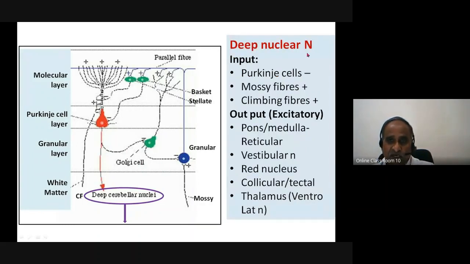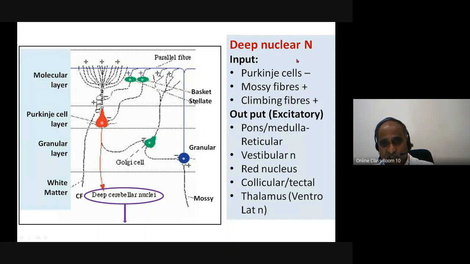Now, the deep cerebellar nucleus has three inputs. One, the deep cerebellar nucleus receives primarily from the Purkinje cell. Then it receives input from the mossy fibers. The mossy fibers give input to the deep cerebellar nucleus. Then the climbing fibers also give input to the deep cerebellar nucleus.